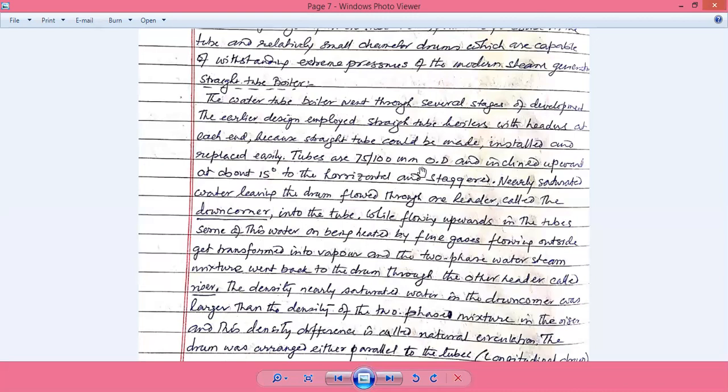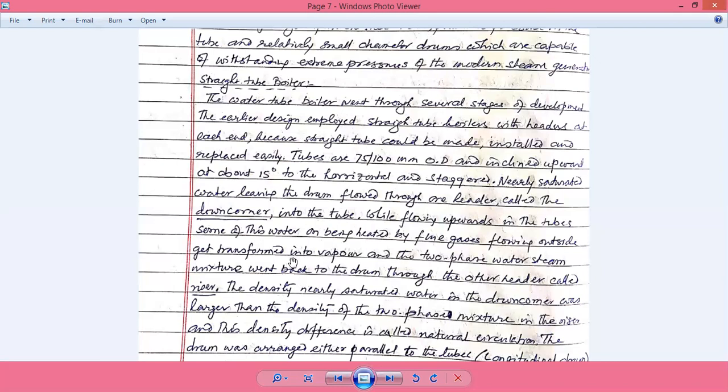and through this one header, which is different from the downcomer, the water and steam vapor mixture comes down through the downcomer into the tube. Then it goes through the tube, flowing upwards because the tube has a slope of around 15 degrees with the horizontal.